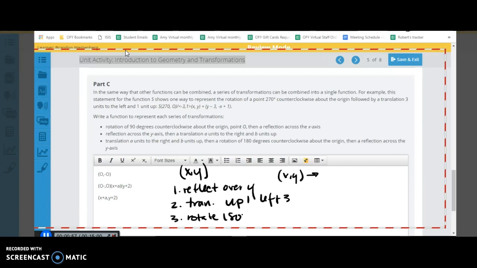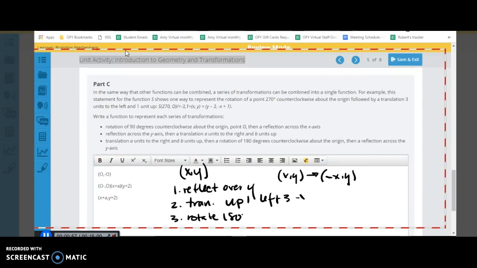Now I'm going to do this step by step. We take (x, y), and for this first one, reflection over the y, what is (x, y) going to become? Reflecting over the y means that the x becomes negative. So instead of x, we have negative x, but nothing happens with the y. Now translate up 1, left 3.